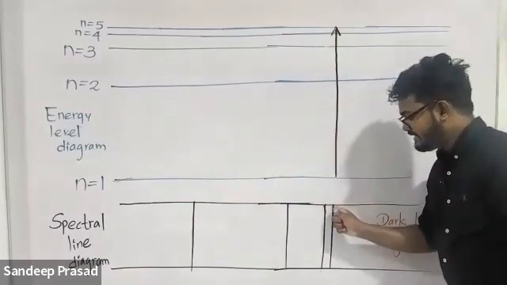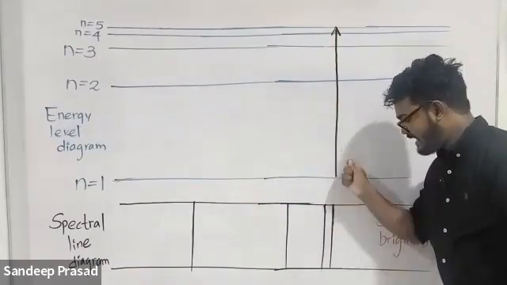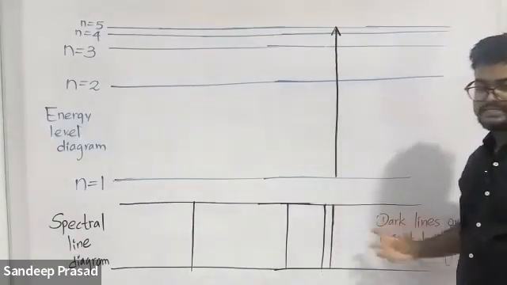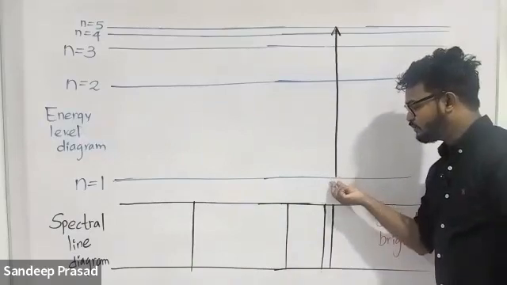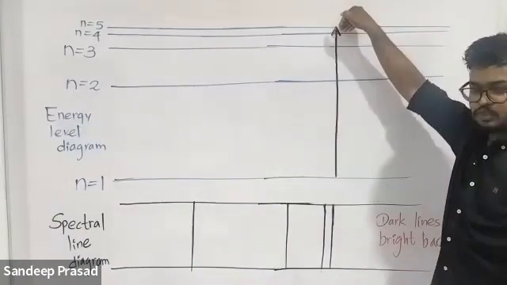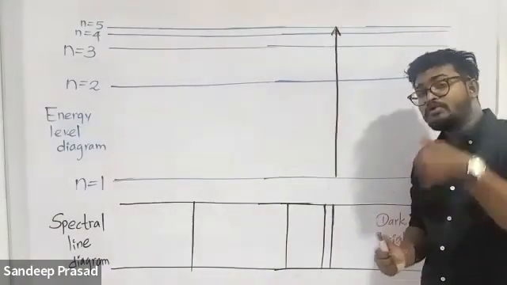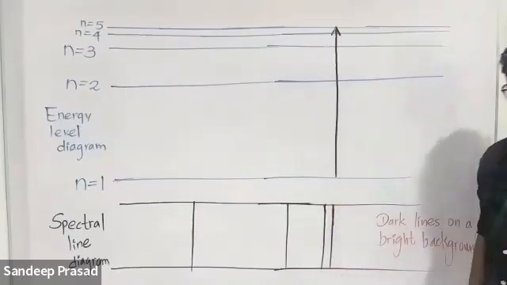I told you that the electron in the first principal energy level is moving to a higher energy level and will absorb energy. That energy is denoted as a line in the spectral line diagram. Understood? When the electron is moving from the first energy level to the fifth principal energy level, it will absorb energy. That amount of absorbed energy is represented by this spectral line.